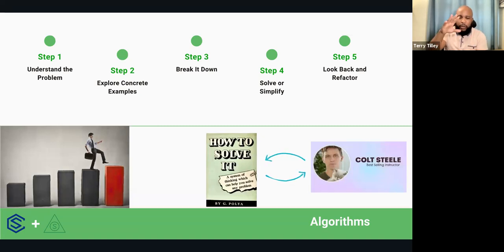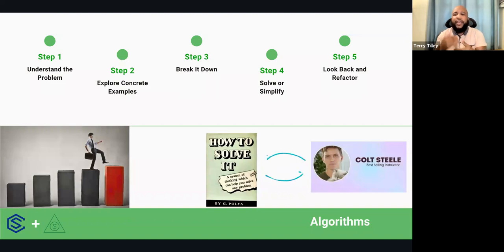Breaking it down means taking the major problem and putting it into small, simple problems that you know how to solve, which bleeds you right into step 4, which is solve it. If you know how to solve the entire problem, then get started. If you only know how to solve part of it, solve the parts that you know. That way you simplify the overall problem. And of course, be very intentional about looking back and refactoring.